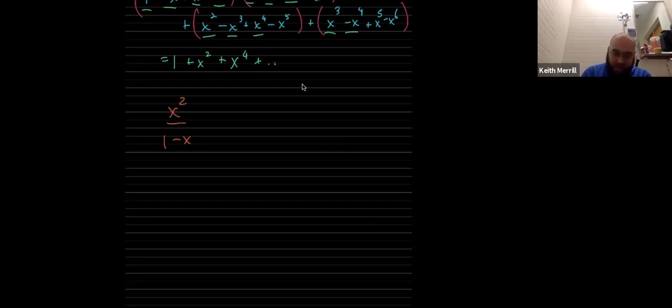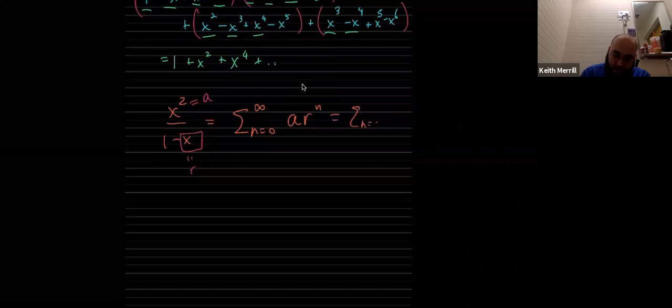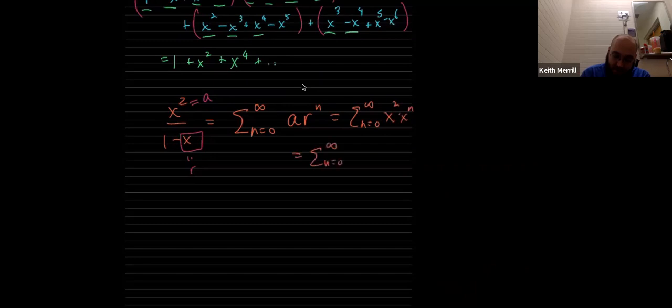On the one hand, thinking of this as a, and this as r, this should be the summation from n equals 0 to infinity of a r to the n. That's the summation from n equals 0 to infinity of x squared times x to the n. And you'll notice that you can just write that as x to the 2 plus n.